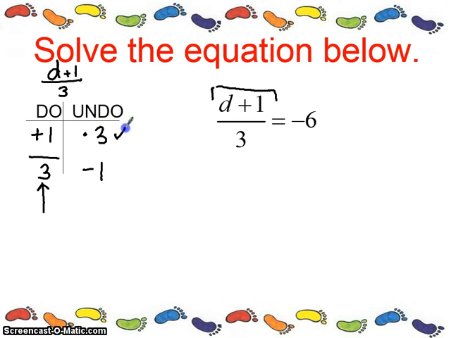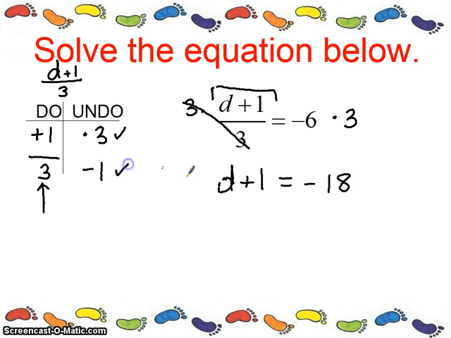So the first step I need to do is to multiply each side by 3. So multiply by 3, multiply by 3. 3 divided by 3 is 1, so I'm left with d plus 1 on the left. Negative 6 times 3 is negative 18.